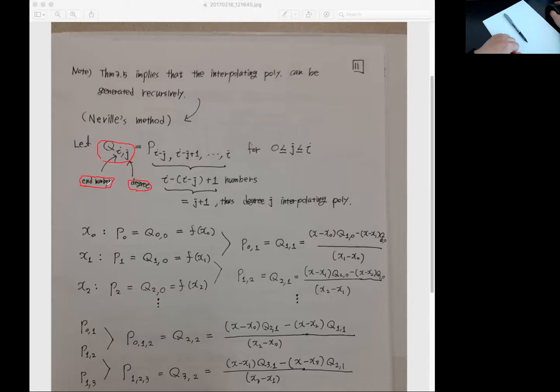For example, Q i comma j means P of i minus j through i. What is this i? It is the subindex of the last node of P.